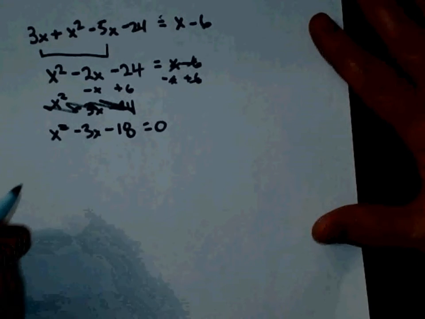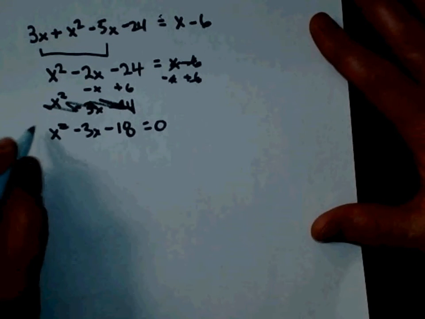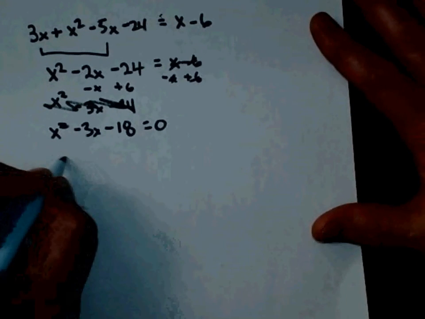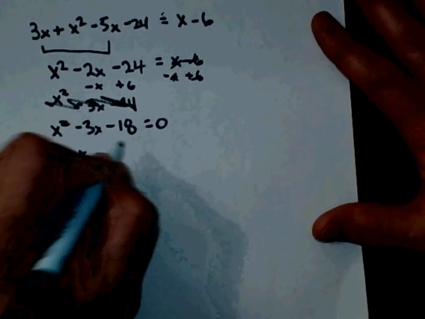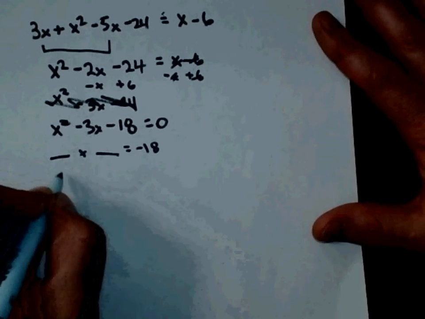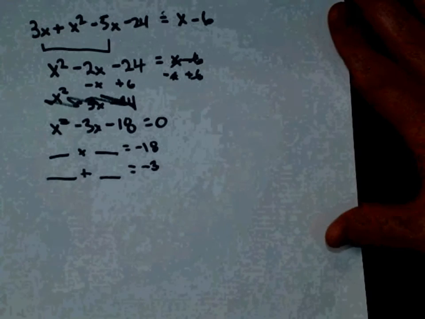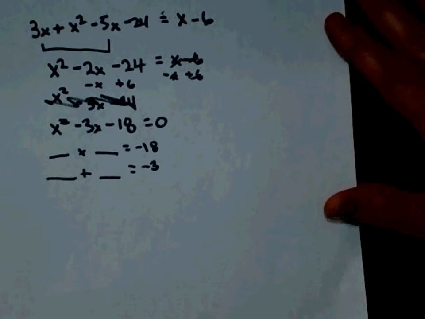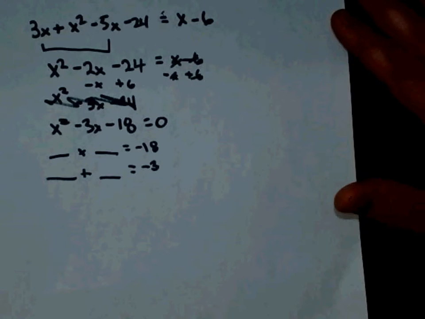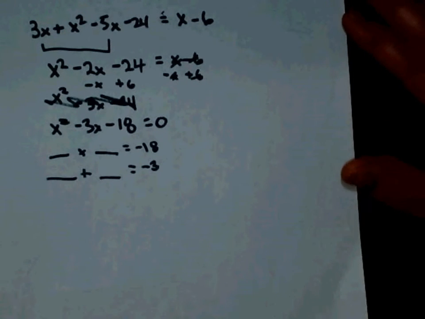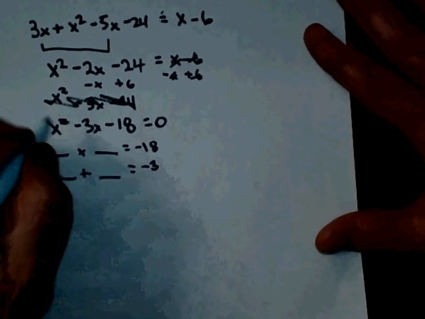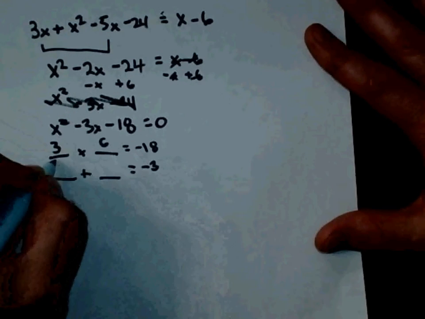Okay? And so, since we have our coefficient equal to 1 right here, what we've got to do is ask the question, what multiplies to give me negative 18 and adds to give me negative 3? What numbers are those? 3 and 6 is going to work out.